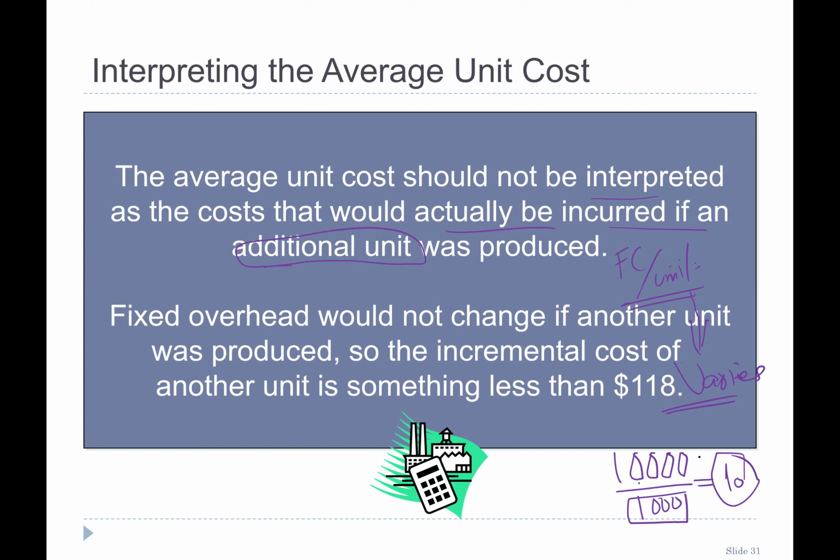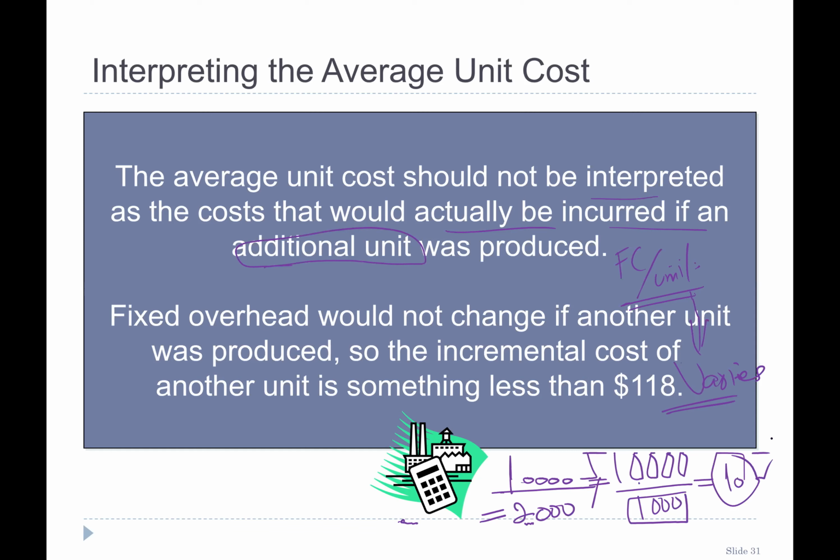What if you start making 2,000 units? The fixed cost properties are that they are independent from production. Now the fixed cost per unit is 5. So 5 is not equal to 10, right?